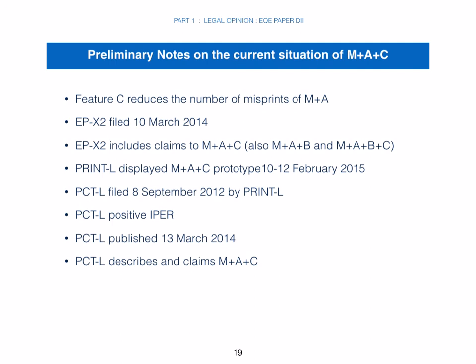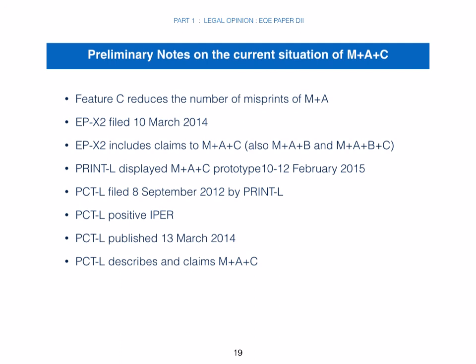Next, we have some preliminary notes on the current situation of M plus A plus C. Starting with feature C reduces the number of misprints of M plus A, which is an effect of the feature. EPX2 is filed 10th of March 2014. EPX2 includes claims to M plus A plus C, also M plus A plus B and M plus A plus B plus C. Print L is displayed at an MAC prototype on 10th of February 2015.